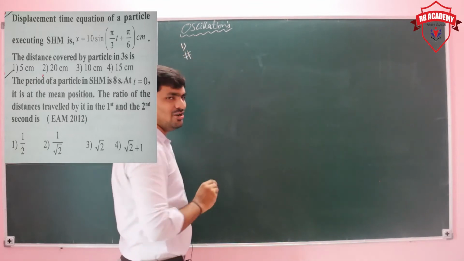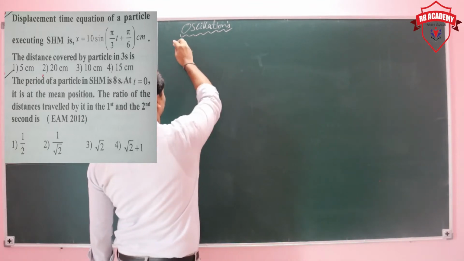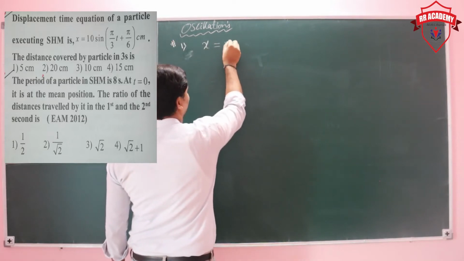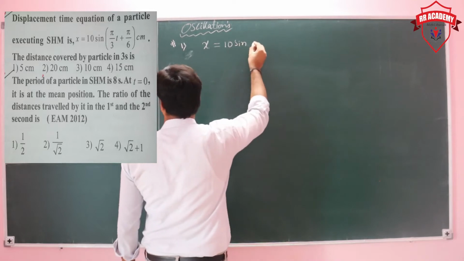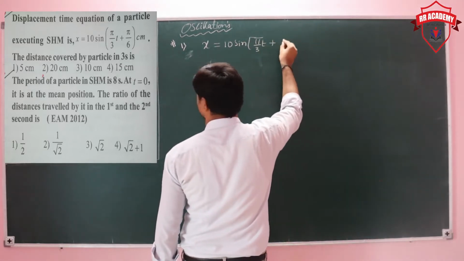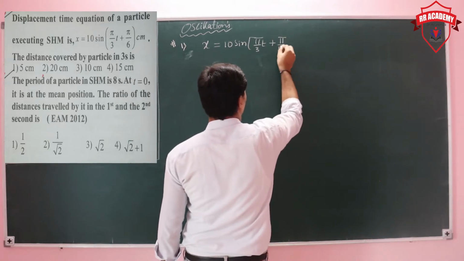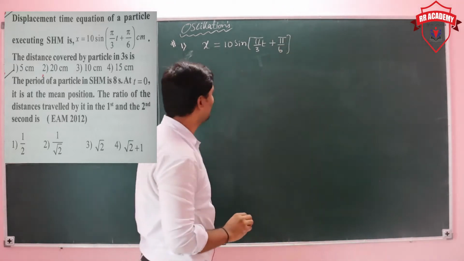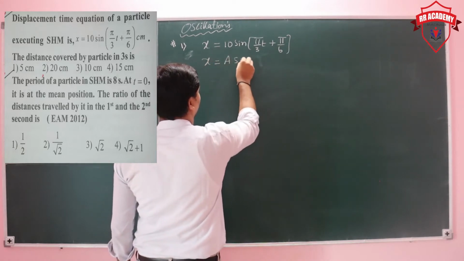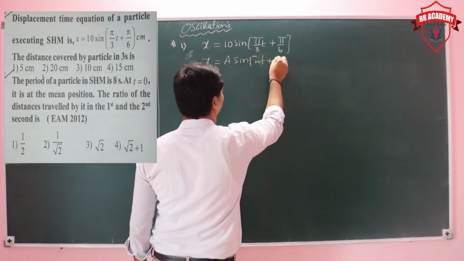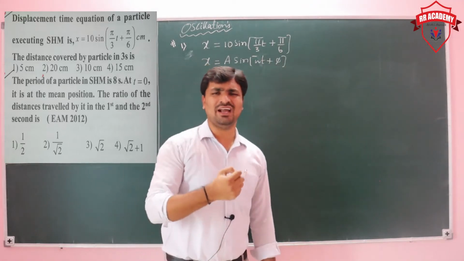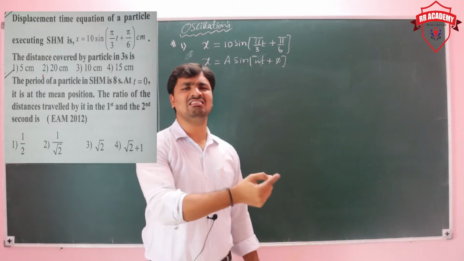So first of all, what is given? You can write the equation x equal to 10 sin(pi by 3 t plus pi by 6). Writing the expression as a sin(omega t plus phi), they are asking how much distance is traveled in 3 seconds.